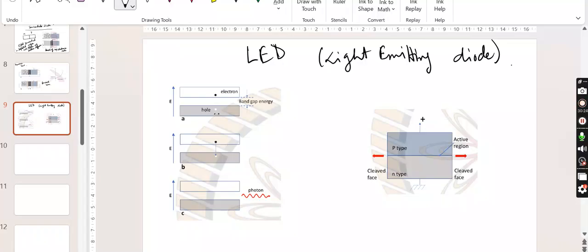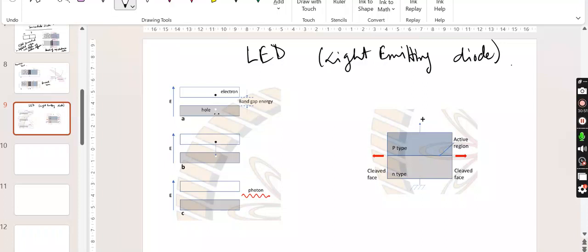But the thing is that electron-hole transition is regulated normally only for direct band gap semiconductors. In a direct band gap semiconductor, the total momentum of the electron and hole remains conserved. When this transition happens, the electron jumps into the hole, and the exchange energy is carried by the emitted photons.